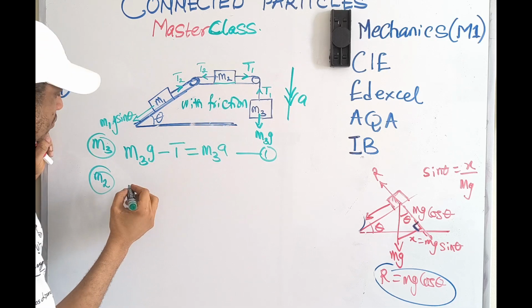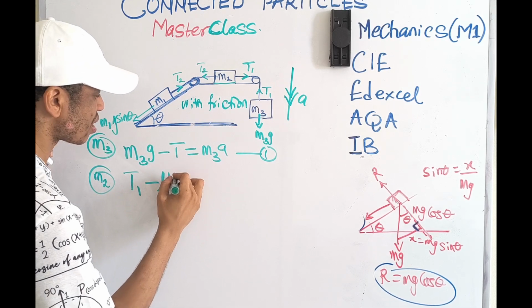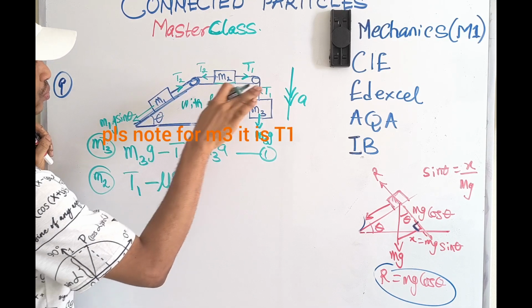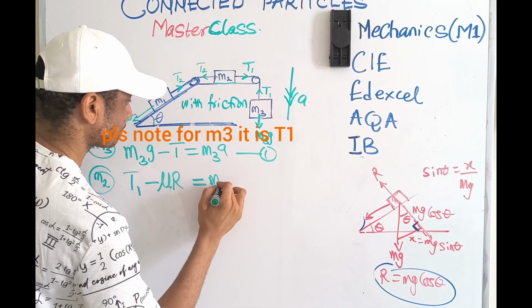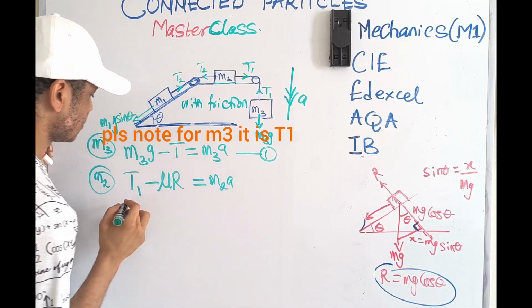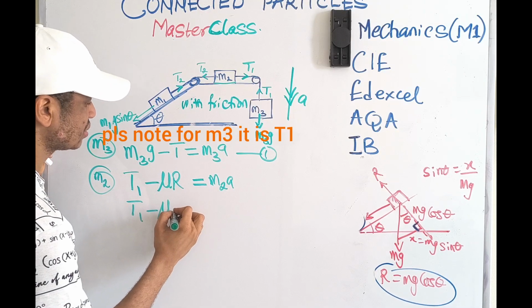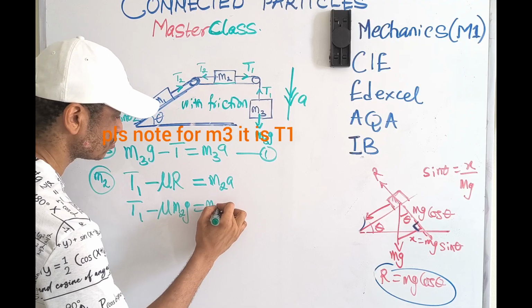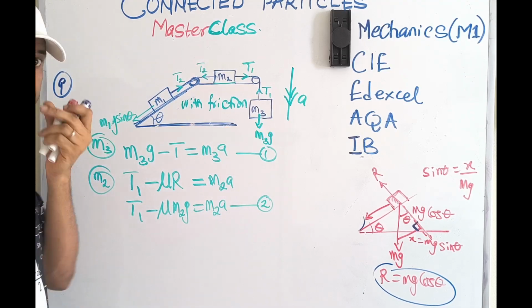So this will be T1 minus mu R, nothing else, is equal to m2a. So this will be T1 minus mu m2g is equal to m2a. This is my second equation.